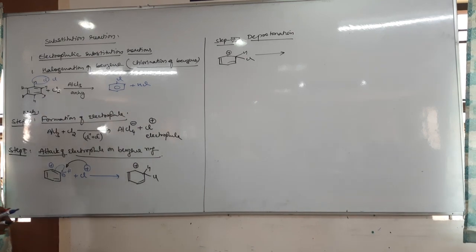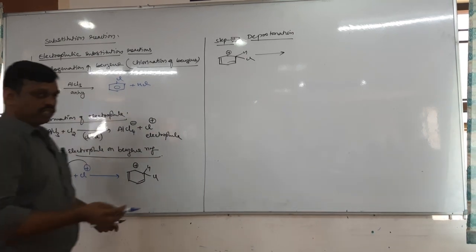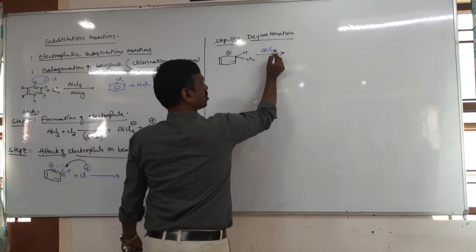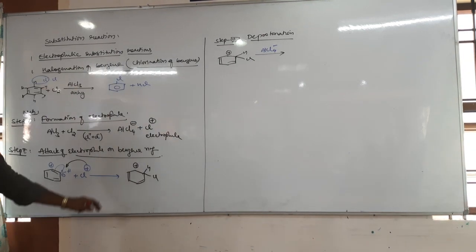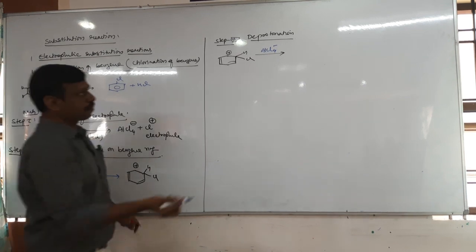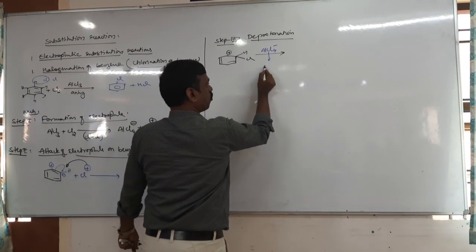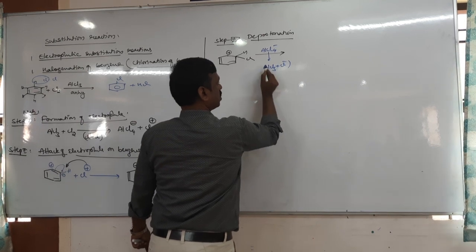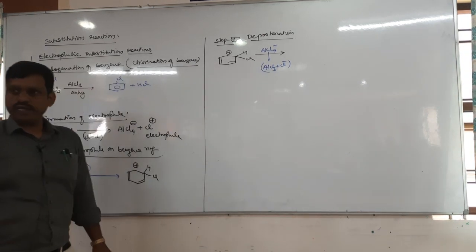Right. So the benzene ring carries a positive charge. Now in the presence of AlCl4 minus, which is formed in the first step, can we write AlCl4 minus as AlCl3 plus Cl minus? We can write.